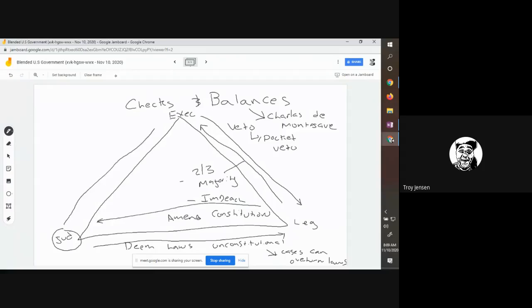Finally, let's talk about the executive branch, or the judicial to the executive. A check that the judicial branch has on the executive is the fact that the Supreme Court justice serves as the president of the Senate during an impeachment trial.